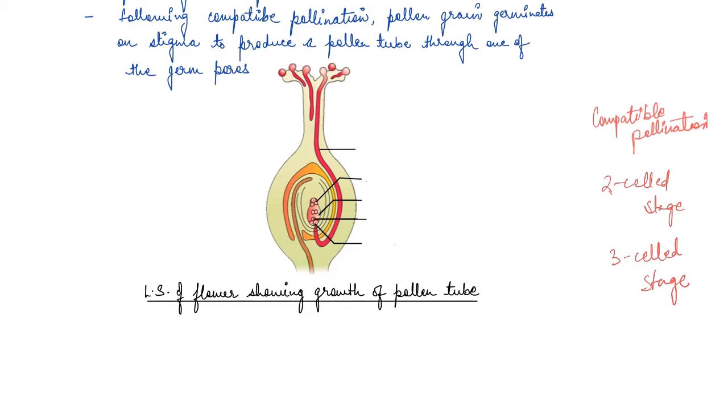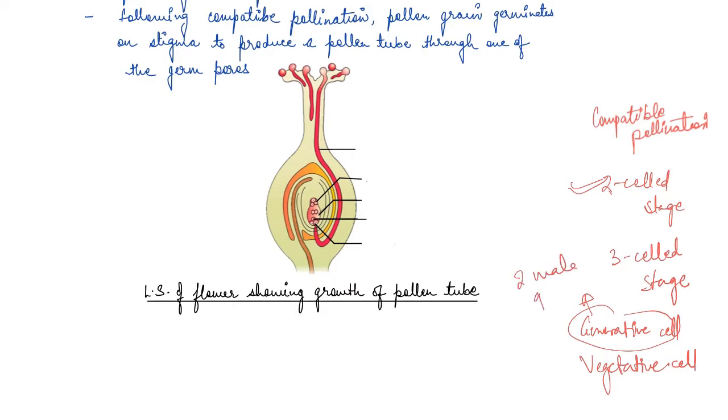So in the two-celled stage, the generative cell divides and forms two male gametes during the growth of the pollen tube in the stigma.